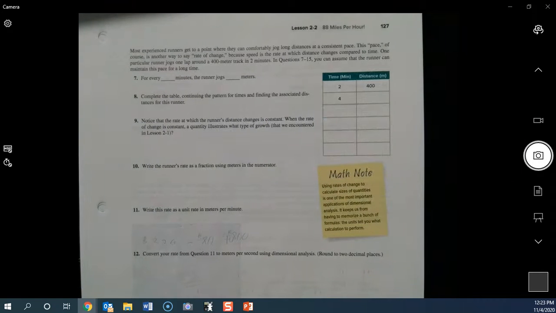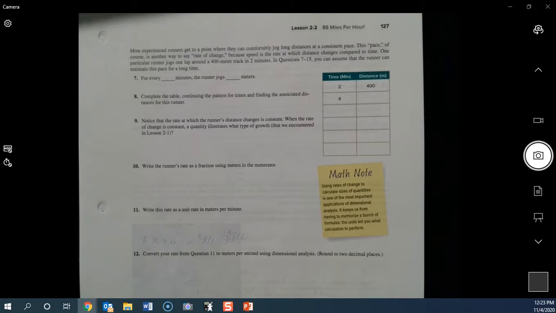It says most experienced runners get to a point where they can comfortably jog long distances at a consistent pace. This pace, of course, is another way to say rate of change, because speed is the rate at which distance changes compared to time. One particular runner jogs 1 lap around a 400-meter track in 2 minutes.